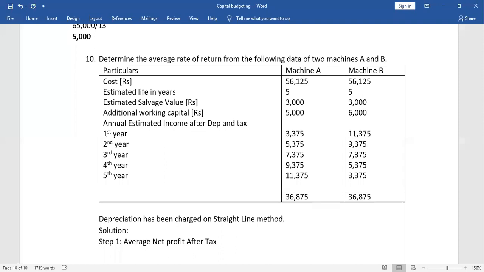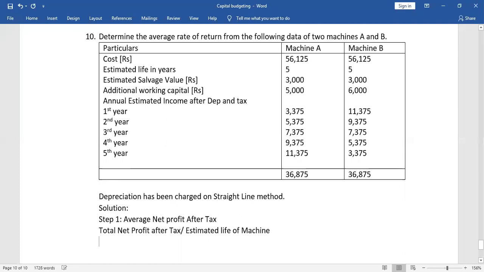So the formula for average net profit after tax is total net profit after tax, divided by estimated life of the machine, because here we are talking about the asset machine. So this is the formula.